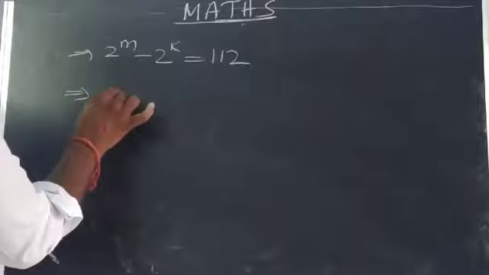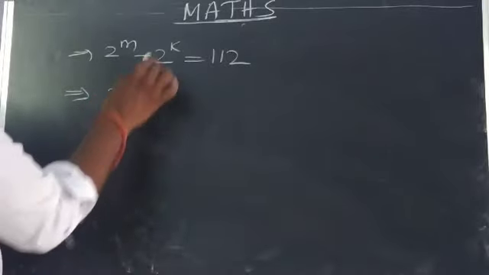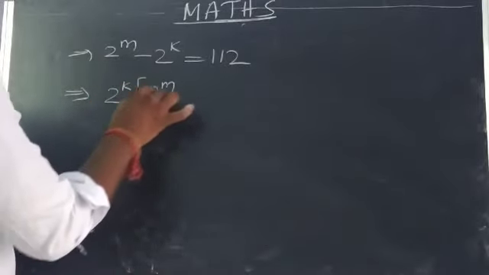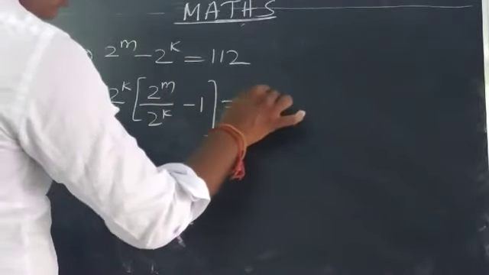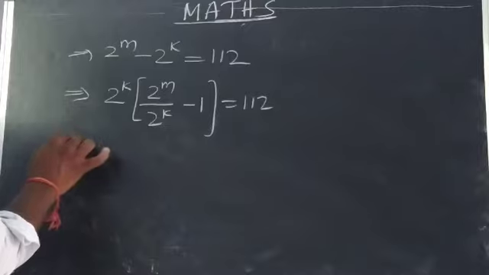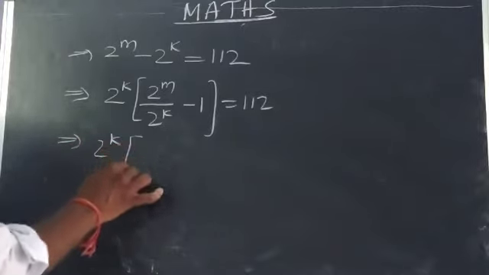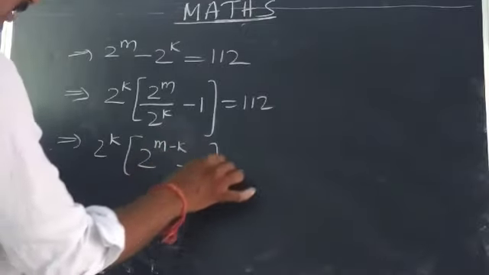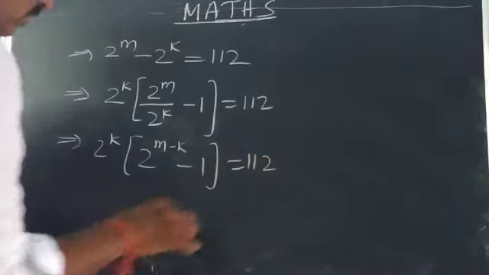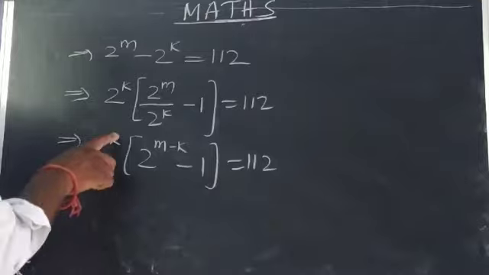Here I am taking 2 power k common. If you take 2 power k common, it will be 2 power k into (2 power m minus k minus 1) is equal to 112. Here 112 I will express as 2 power something.